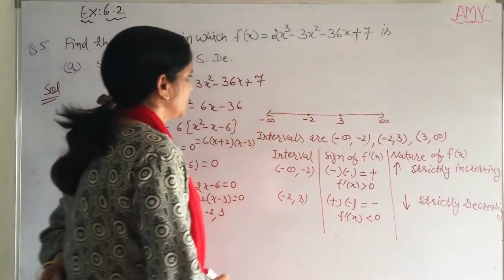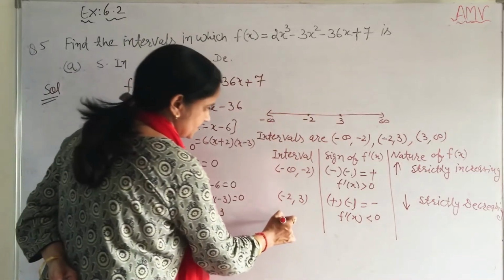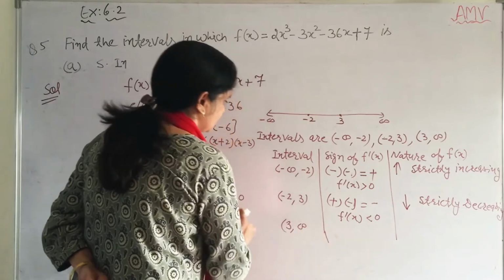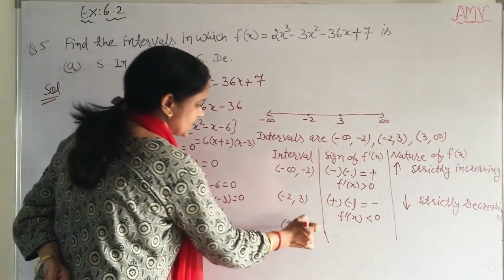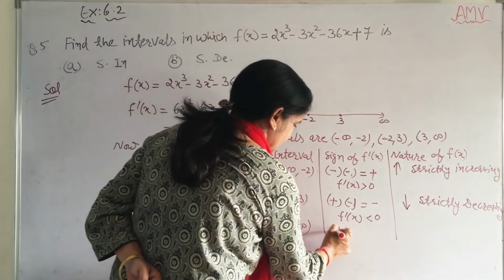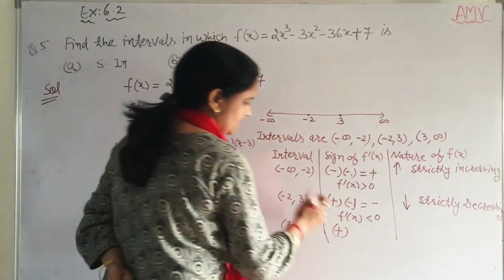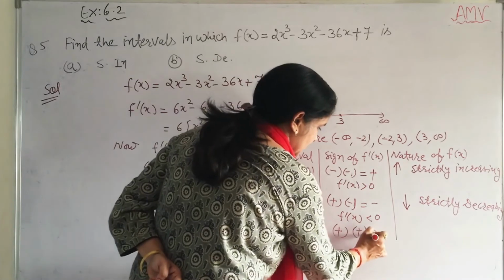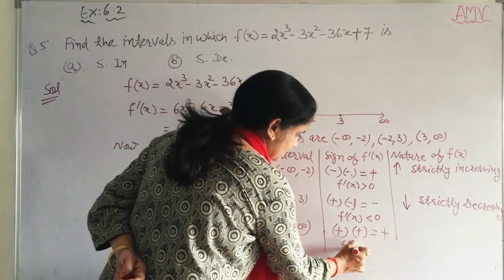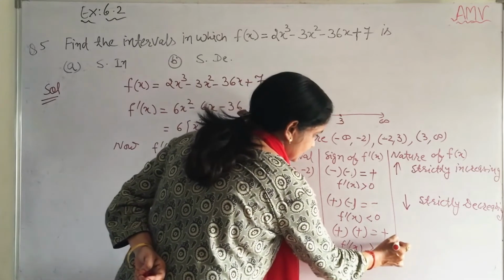Now in the next interval, 3 to infinity, you can take any value. Suppose you take 4, then x plus 2 is positive, and 4 minus 3 is also positive. So the answer is positive, and here you have to write f dash x is greater than 0.